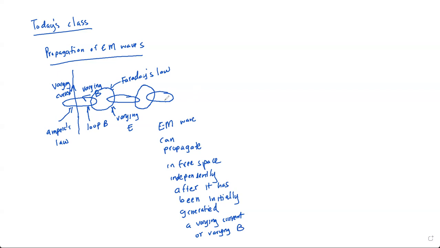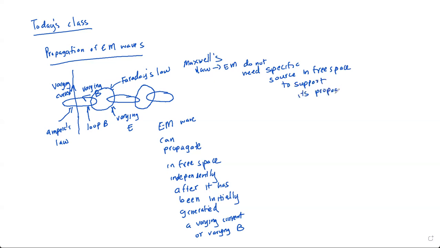So the unique contribution of Maxwell was proposing that electromagnetic waves do not need a specific source in the free space to support their propagation, after they have been initially generated using a specific source, right?